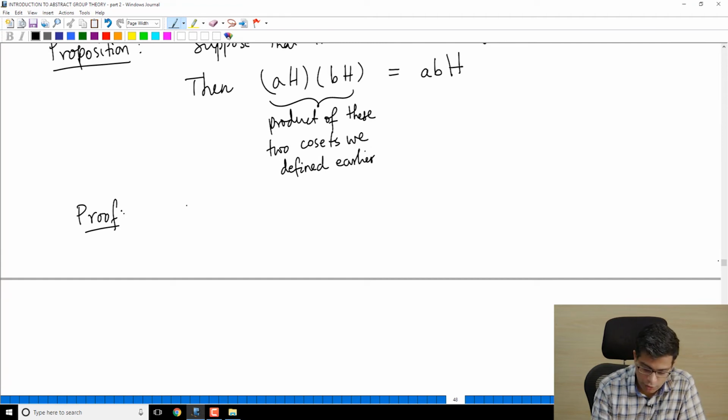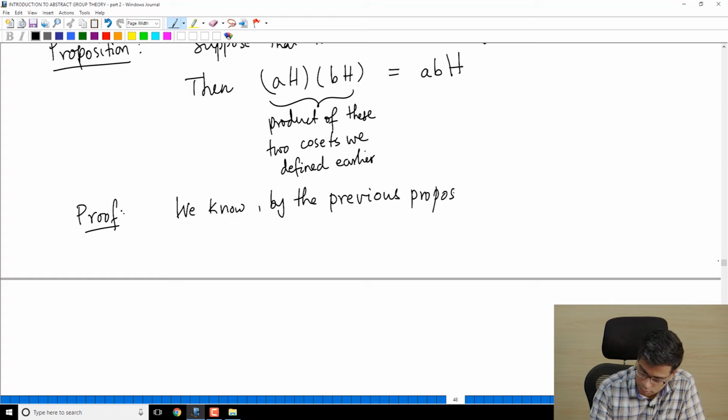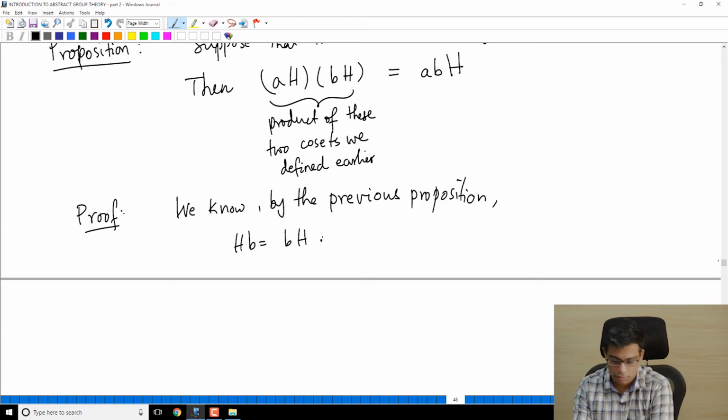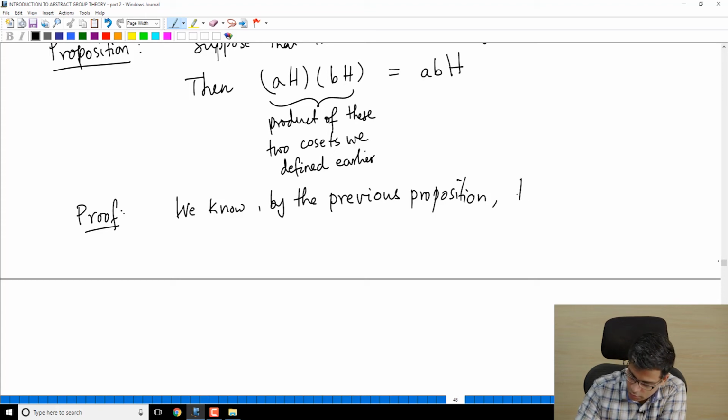Okay, so we already know by the previous proposition, what do we know? We know that HB equals BH, right? So let me write that here. HB equals BH. So now let's compute this.